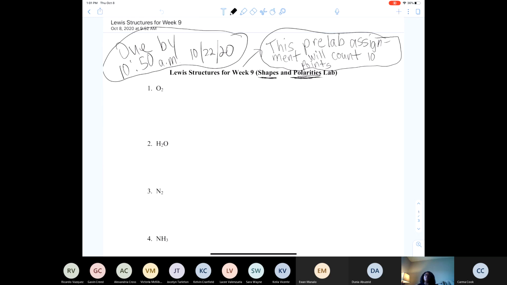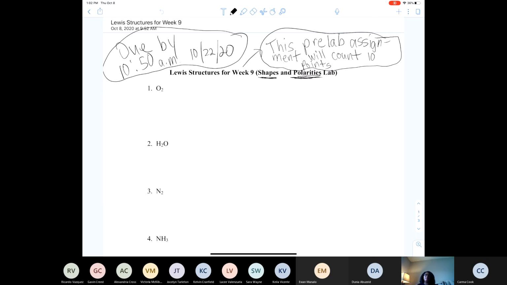It'll be a totally separate Dropbox I'll set up, and the Dropbox will say week 9 Lewis structures. So submit this document to that week 9 Lewis structures Dropbox by 10/22, 10:50 a.m.